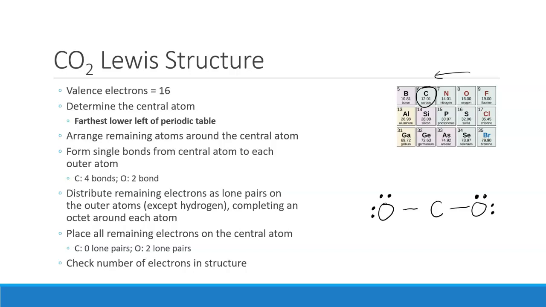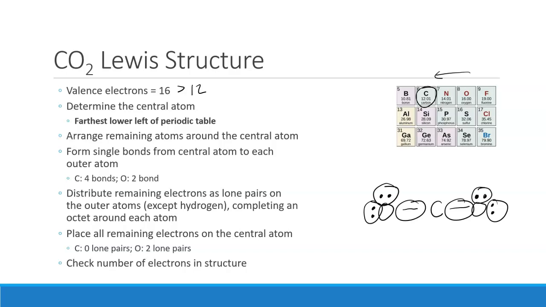So I have added my single bonds, I've added my lone pairs to the outer atoms, and no more to the central atom. If I check the number of valence electrons that I've used, it's 2, 4, 6, 8, 10, 12. Well, that 12 does not match the 16 that we started with. So we have 4 more valence electrons that we haven't used.